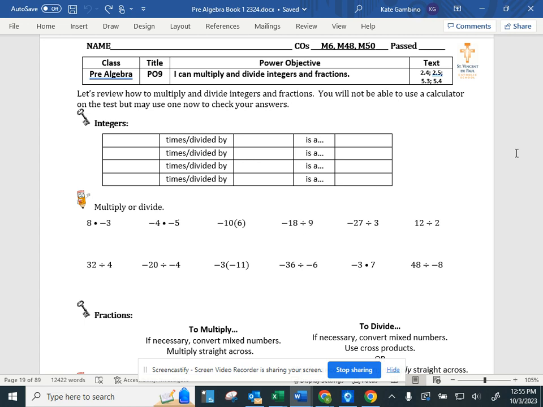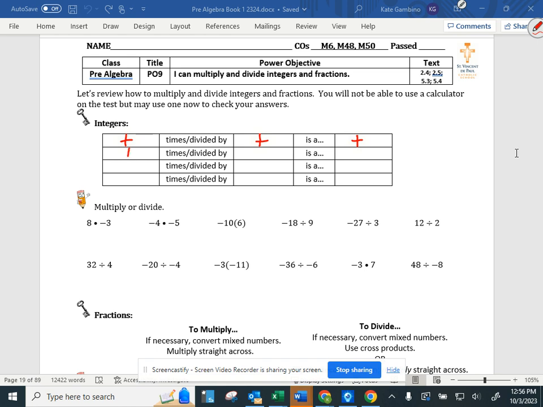So if we have a positive and we're going to multiply or divide by a positive, what will our answer be? Jude? Positive. It's going to be a positive answer. 3 times 4 is 12. They're all positives.